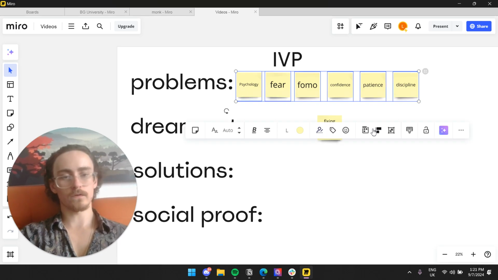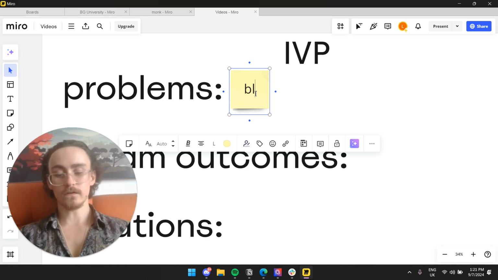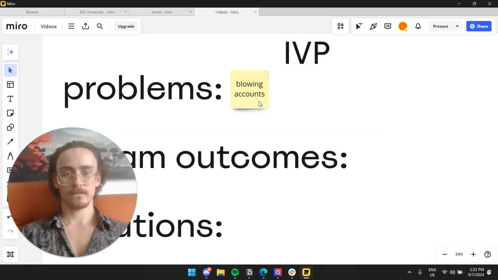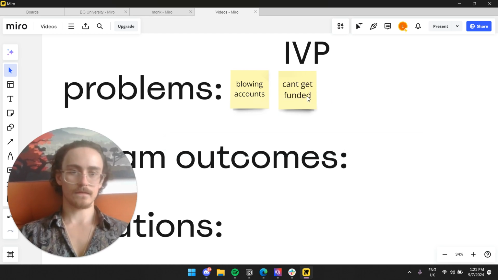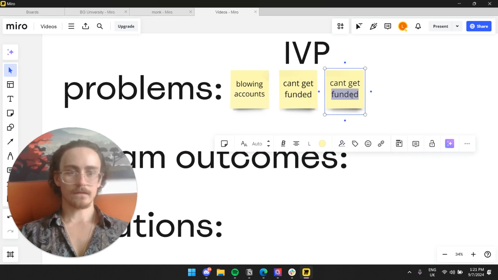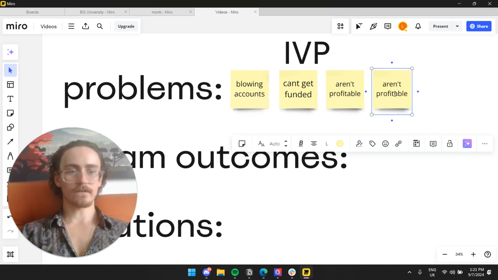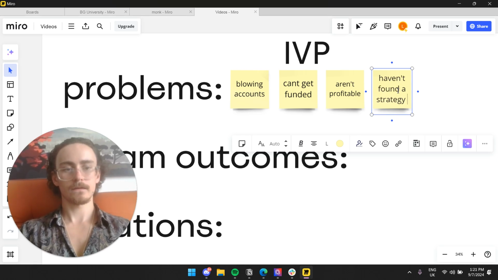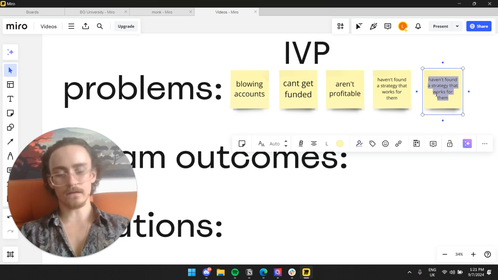So what you first want to do is define their problems. So one example is they keep blowing accounts. They can't get funded and they aren't profitable. Maybe they haven't yet found a strategy that works for them.